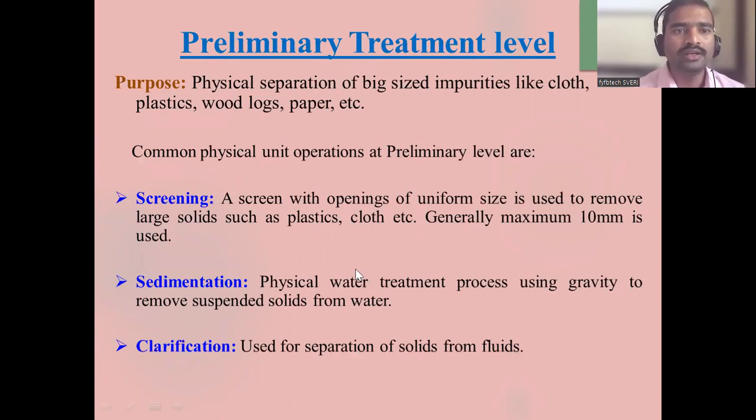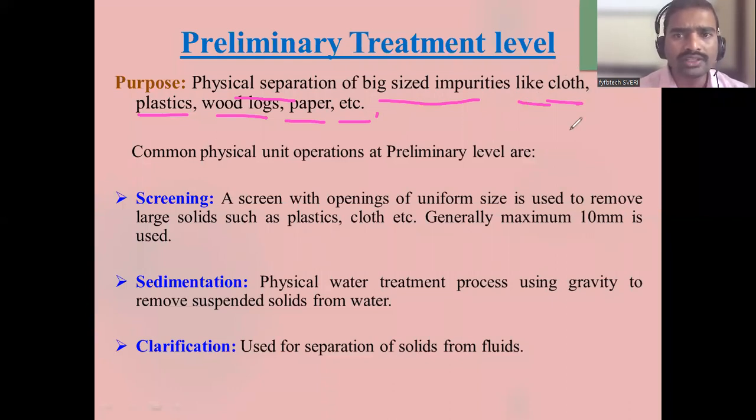Why should we do preliminary treatment first? What is its purpose? In preliminary treatment, there is physical separation of big-sized impurities like cloth, plastics, wooden pegs, paper and stone particles.